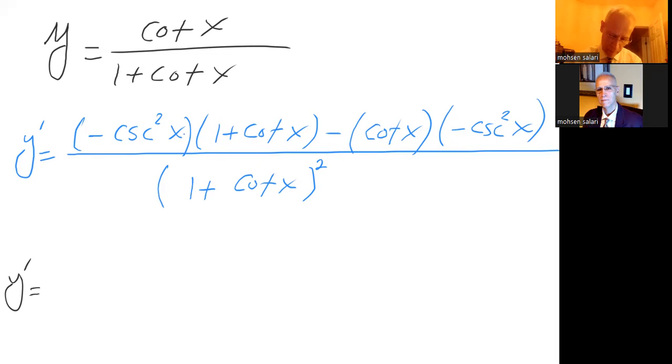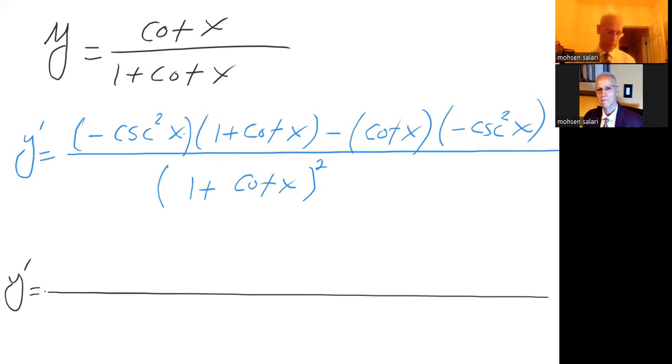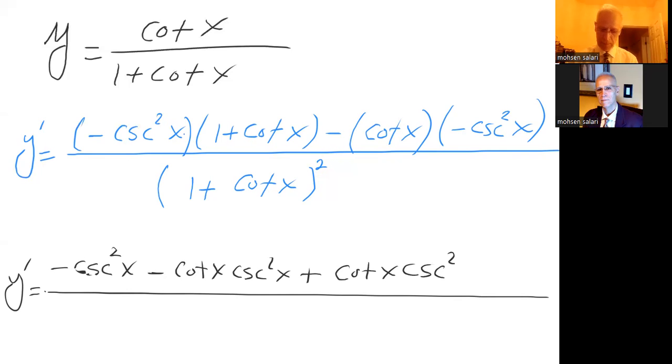So y prime equals, and so here I do have minus cosecant squared of x minus cotangent of x cosecant squared of x, and then we have plus cotangent of x cosecant squared of x all over 1 plus cotangent of x to the second power.